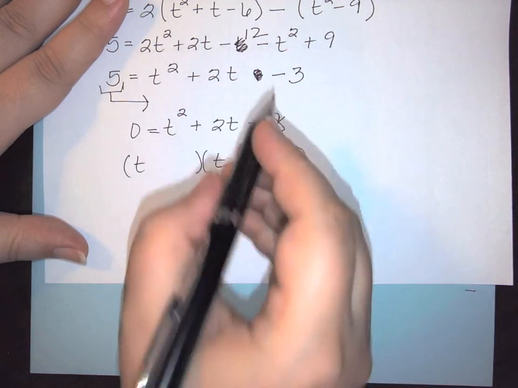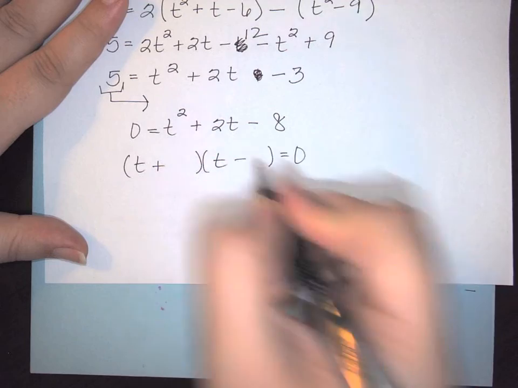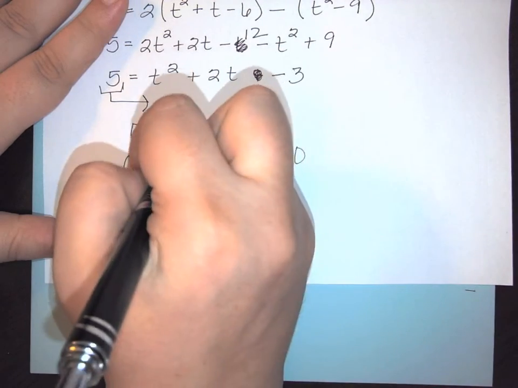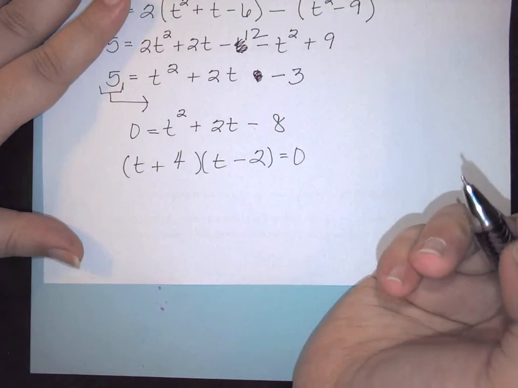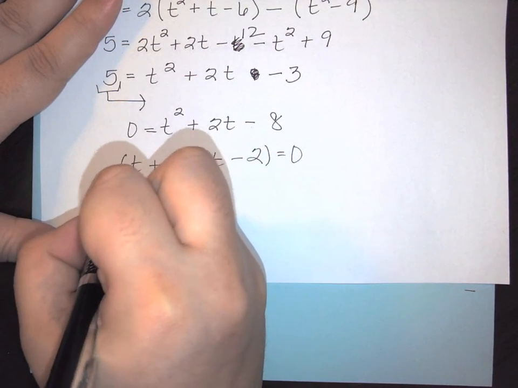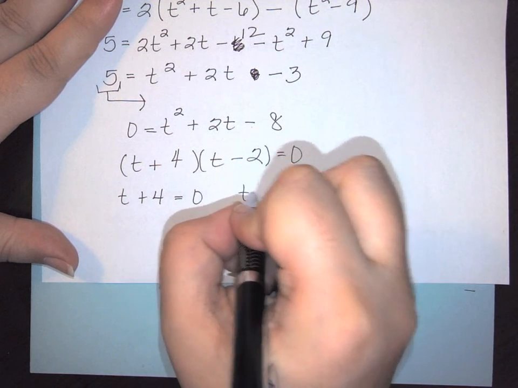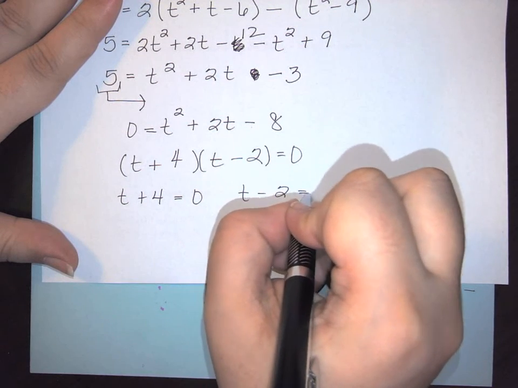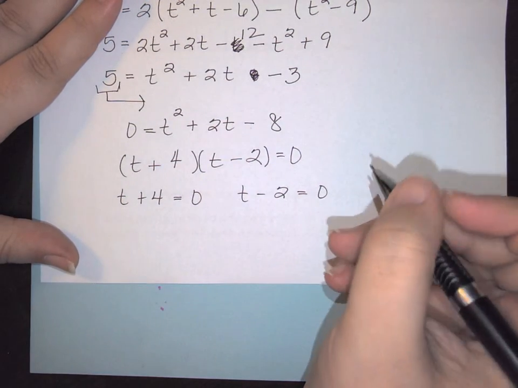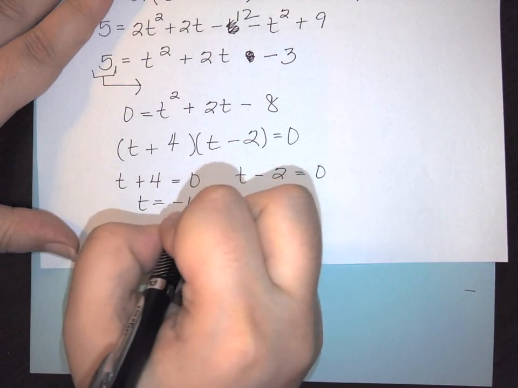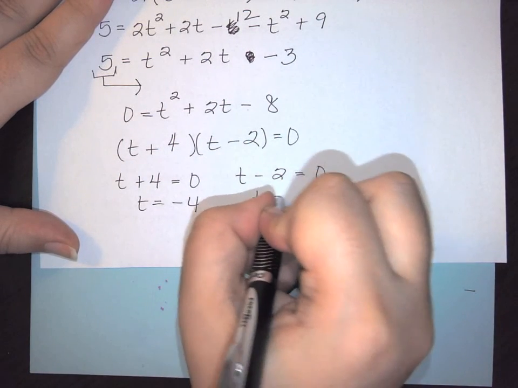My back sign is negative, so I have one positive, one negative. And I need factors of 8 that give me 2 as a result. So I've got plus 4 minus 2. So here I have that t plus 4 equals 0, and t minus 2 equals 0. So in this case, we have t equals negative 4, and we have t equals 2.